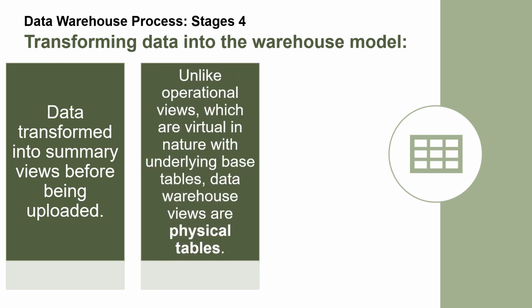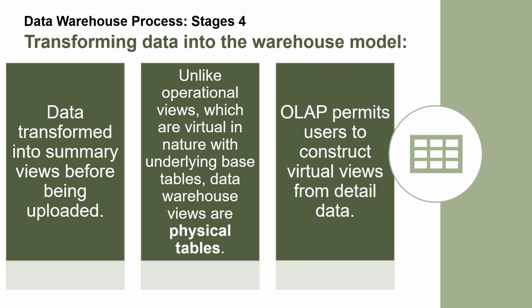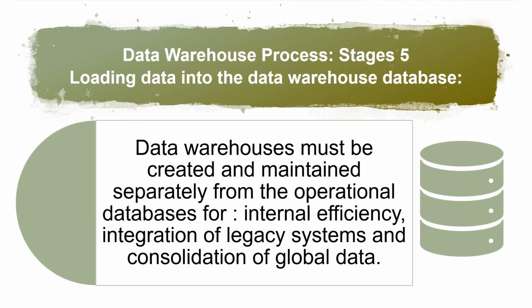Unlike the operational views, which are virtual in nature with underlying base tables, the data warehouse views are physical tables. Okay, so OLAP permits users to construct virtual views from detailed data.